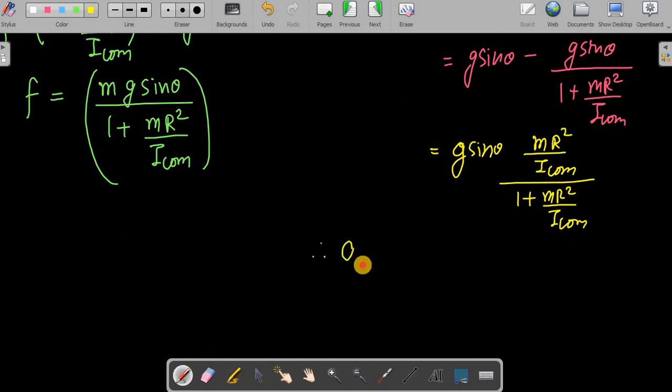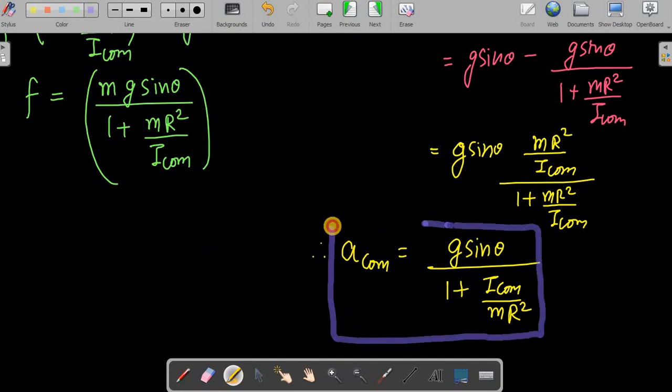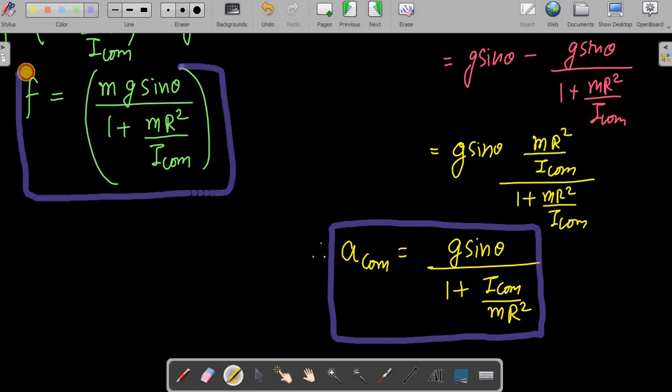So acceleration of center of mass you get as g sin theta over 1 plus I center of mass by m r square. That's the important result, right? This is an important result.